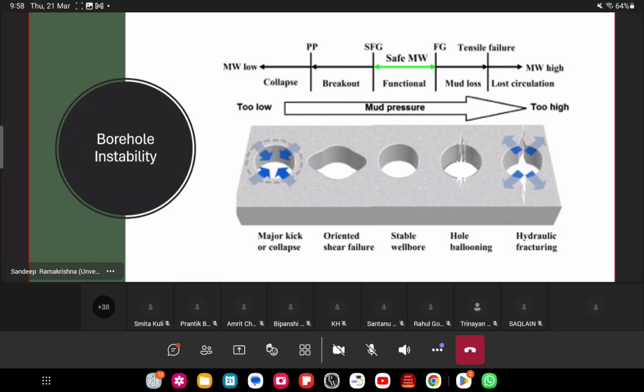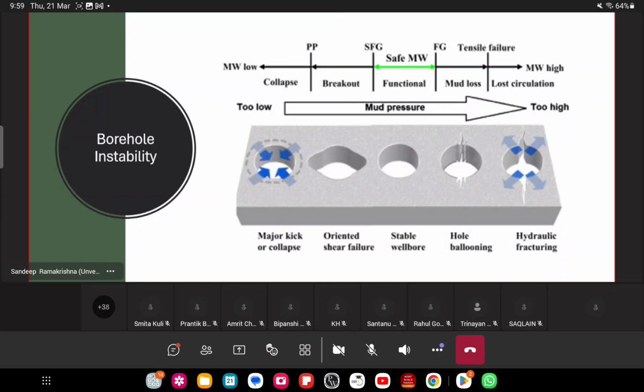The next few slides that we're going to talk about are the other two causes, which is borehole instability, and the other one was formation damage, right? So what I wanted to share with you all was in more detail about lost circulation and wellbore problems. I think those are the major drilling complications that you see.